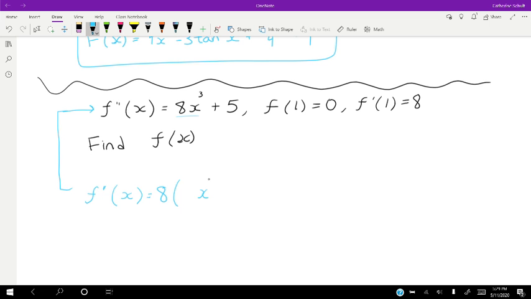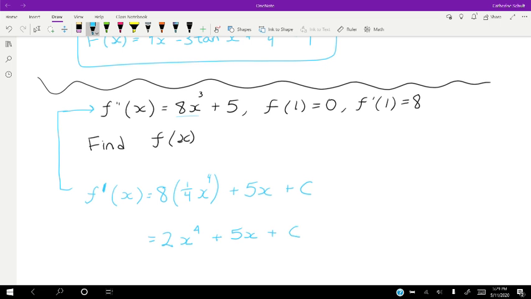Add 1 to the exponent, and then divide by that new exponent, okay? And then the antiderivative of 5 is 5x. And then let's add a c, all right? So we're looking at 8 divided by 4 is 2, x to the 4th plus 5x plus c.